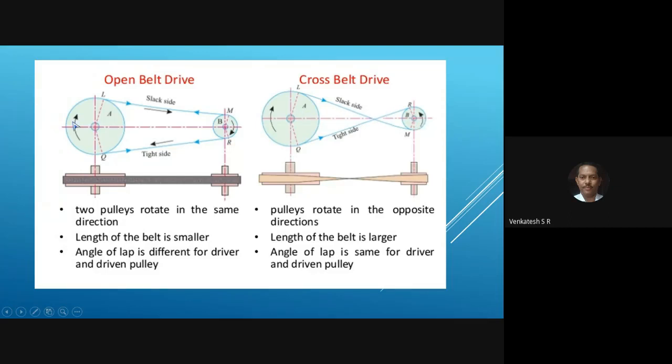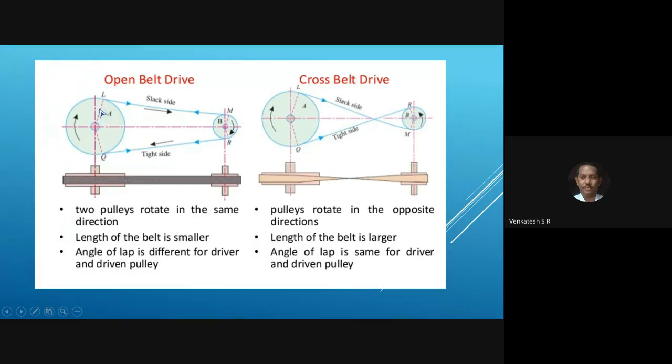By observing these two diagrams, what do you have? If you need the same direction of rotation, the clockwise direction, then connect the pulleys with an open belt drive. Observe here the driving pulley rotating clockwise, and you have the rotation in the driven pulley in the same direction.